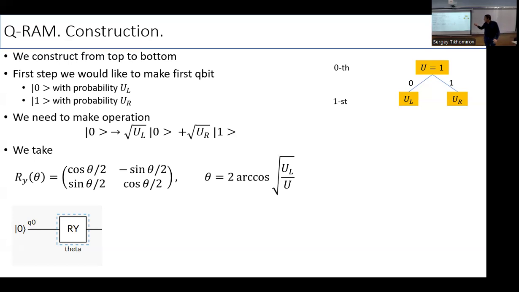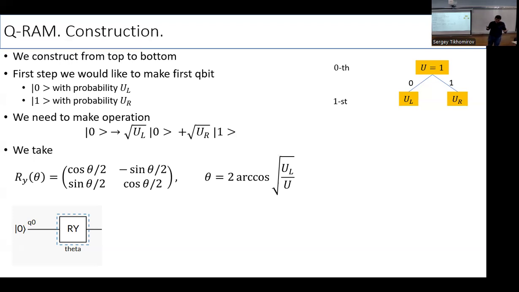Assume that the numbers here are UL and UR. UL was the probability to get 0 if we measure the first qubit, and UR was the probability to get 1 if we measure the first qubit.